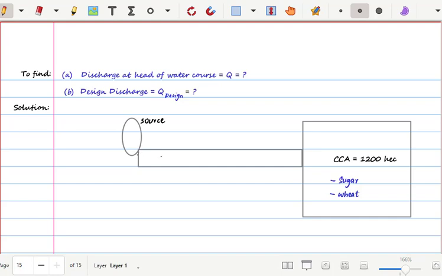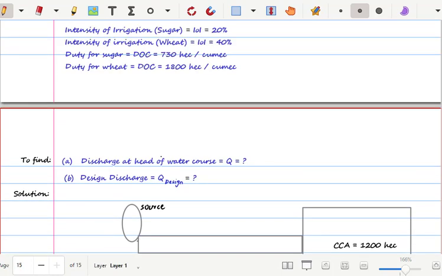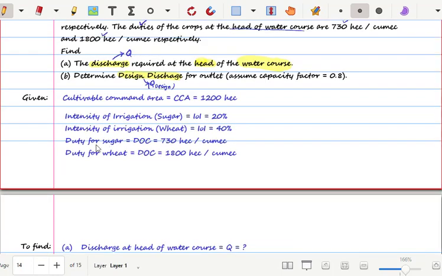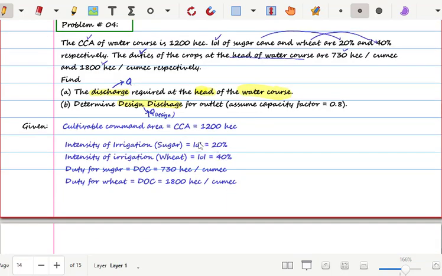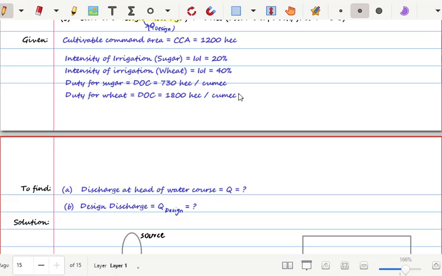So according to the data given to us, the duty of sugar is 730 hectares per cubic, okay, and duty of wheat is 1800 hectares per cubic. Got it? This is given to us, and intensities of irrigation are given to us for both sugar and wheat, and we are supposed to find discharge at the head of water course.